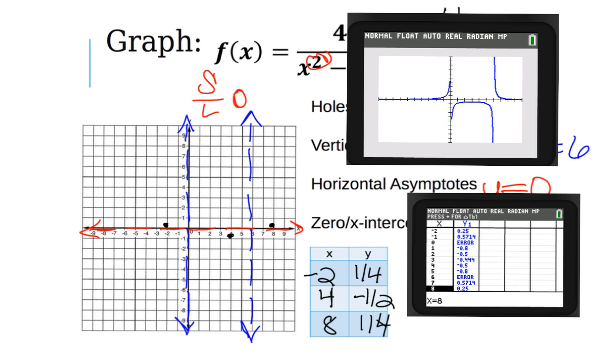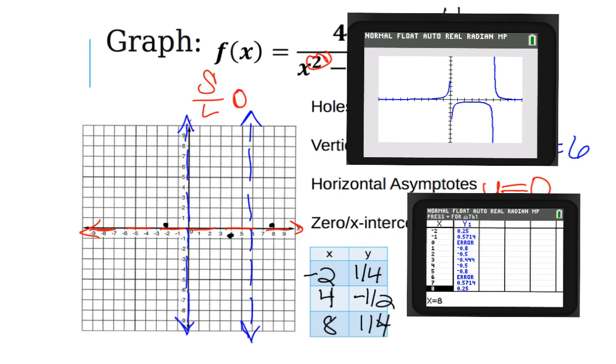It doesn't. If you were to zoom in on your calculator, you would see that the line is there. It's just getting really close to that vertical asymptote, that axis there. So you can't see it all, but if you were to zoom in, you would see that this graph does in fact continue. So that's what we want to do with our graphs.